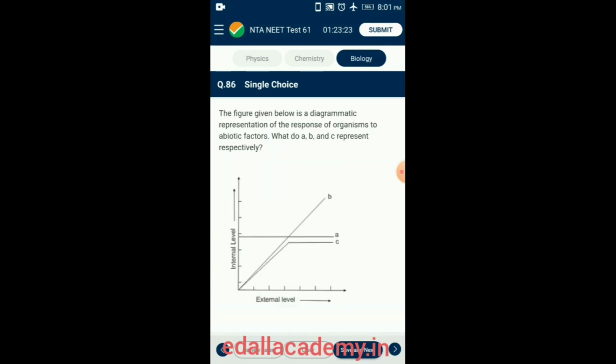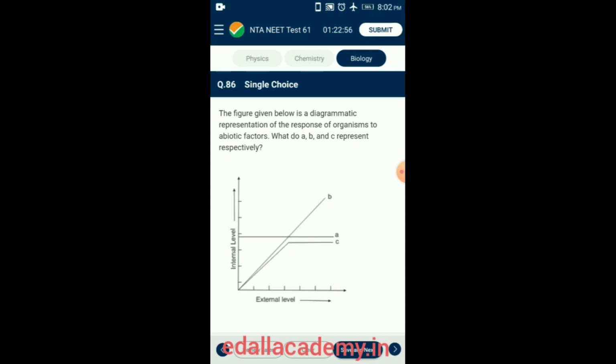Question number 86. The figure given below is a diagrammatic representation of the response of organisms to abiotic factors. What do A, B and C represent respectively? In the graph, line A represents regulator, line B represents conformer and line C represents partial regulator.